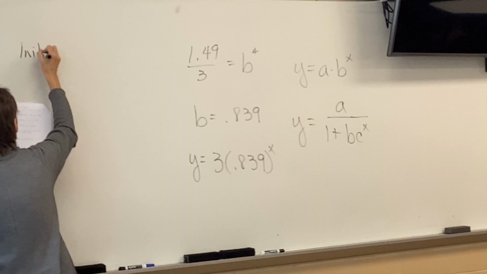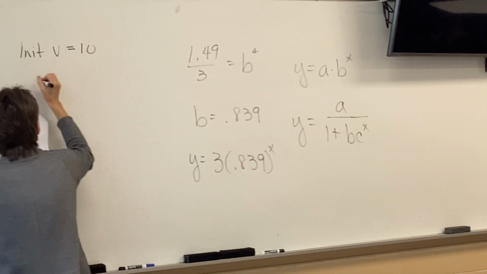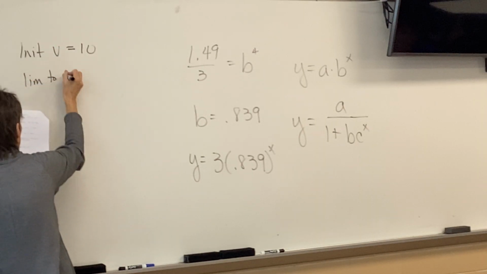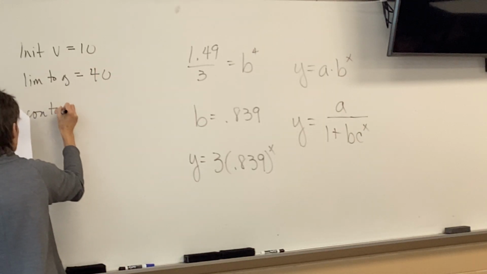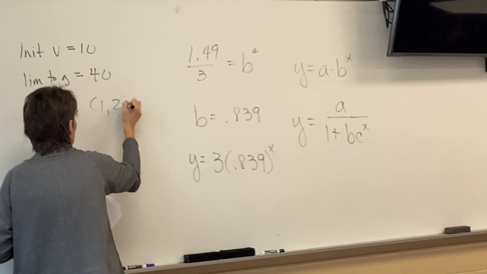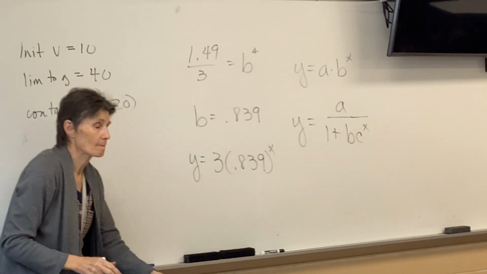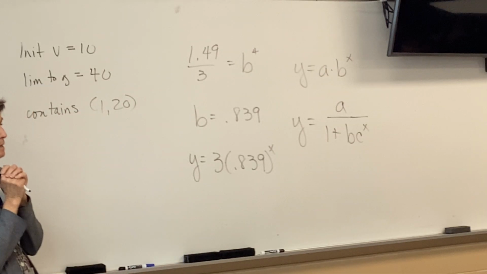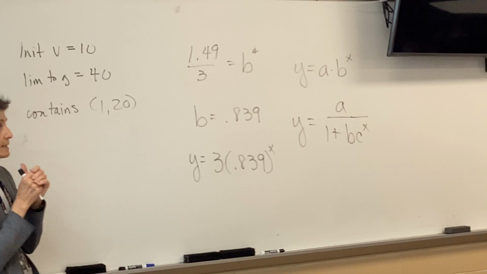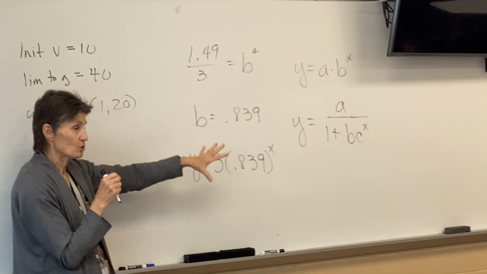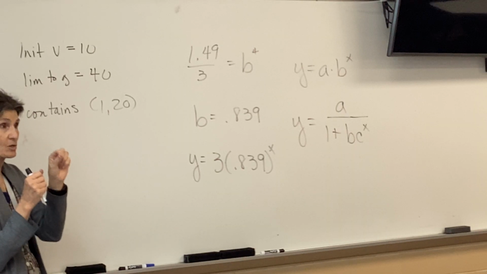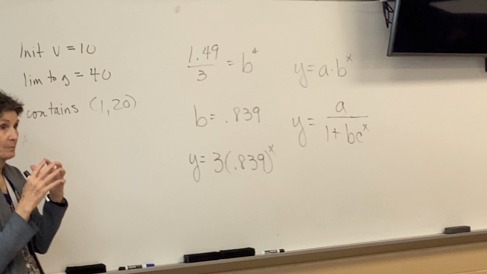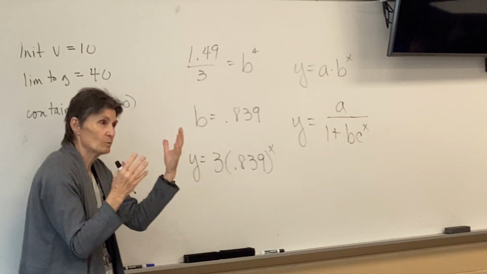Okay, so let's see what we know. We have an initial value of 10. We have the limit to growth, and it is 40. When we did the two problems we just finished, we were given only 2 points. Which one did we start with both times? The one that had 0, the y-intercept.